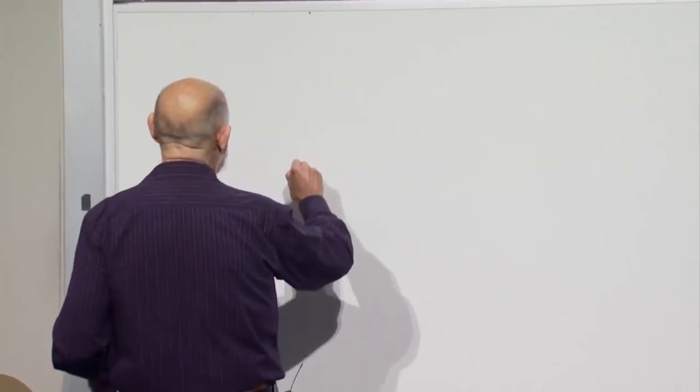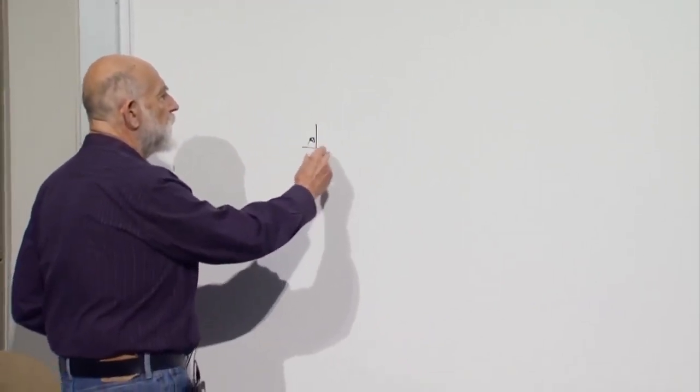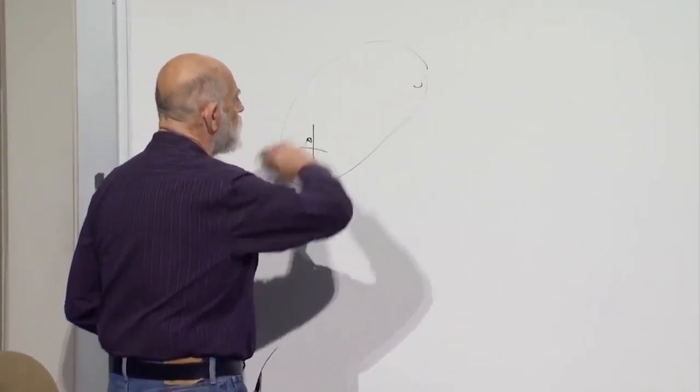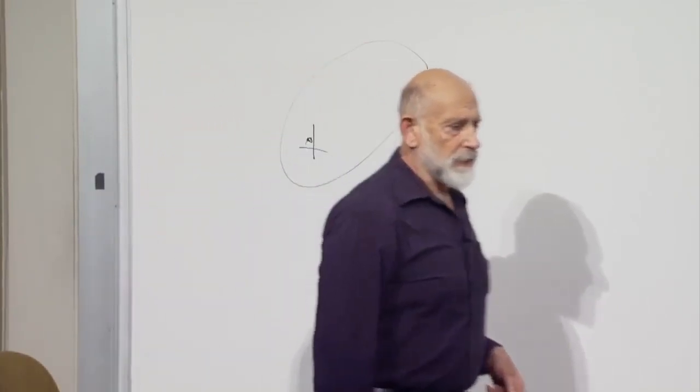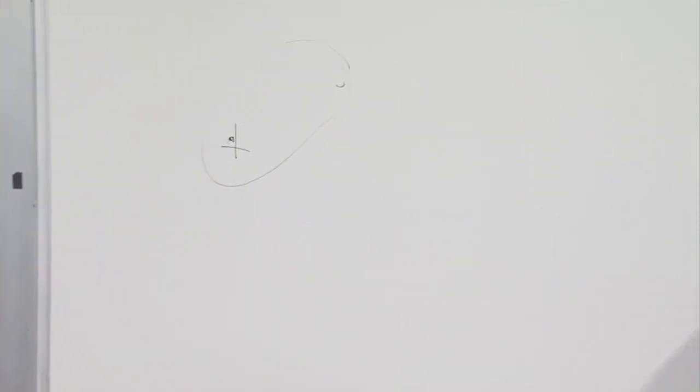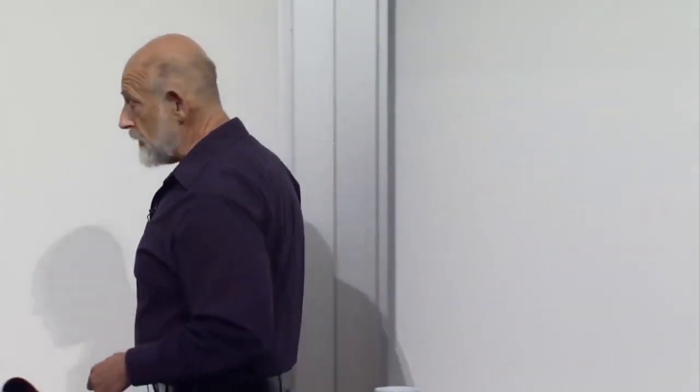A good example is a particle moving in a central force field. Here's the center. The particle moves around in a central force field. It has a radial position and an angular position. The angular position really means two angles, an azimuthal and a polar angle. So it's a three-dimensional system. And the angular momentum is conserved.